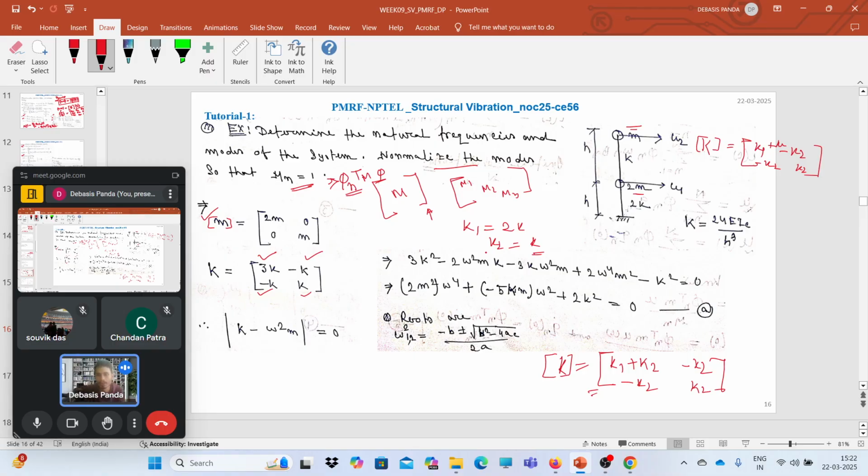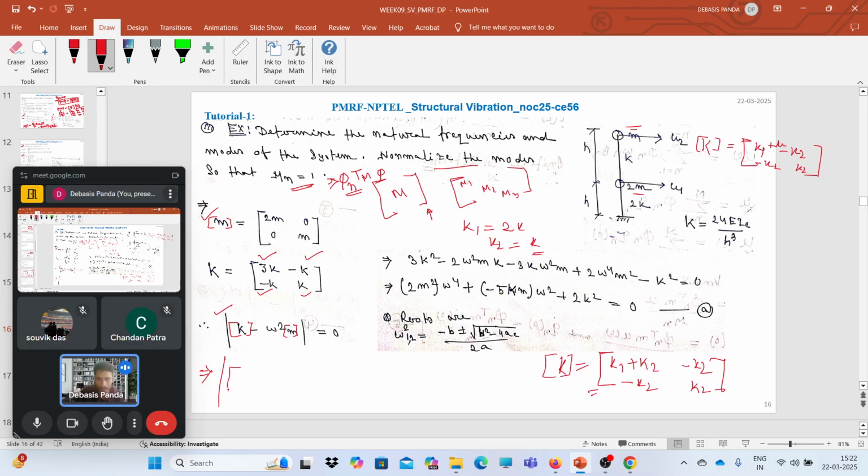Now what we need to do? We need to solve the characteristic equation. That means we need to find the determinant of K minus omega square M equals 0. So we have the K matrix, we have the M matrix. Now we can easily solve this matrix problem.